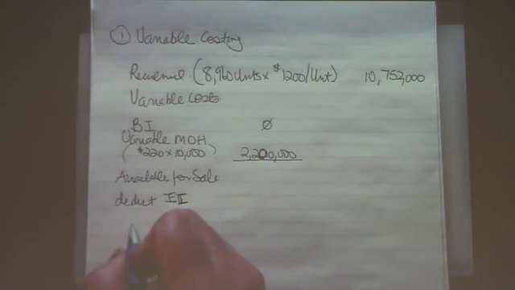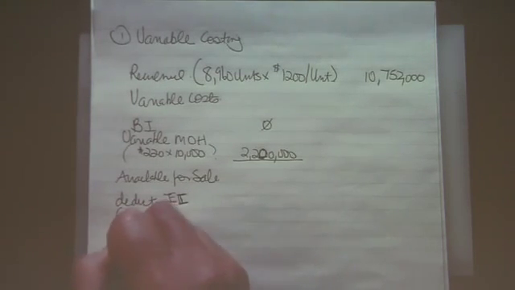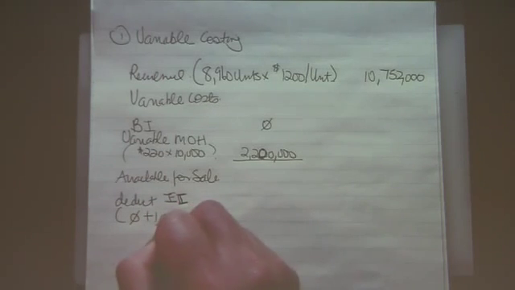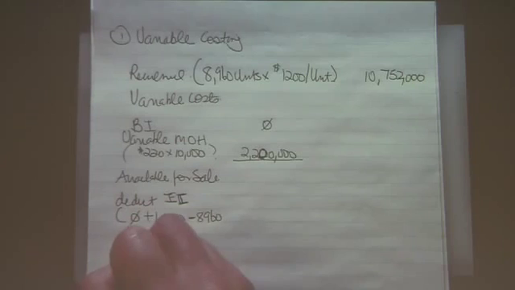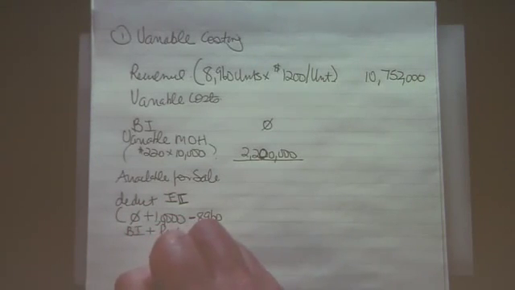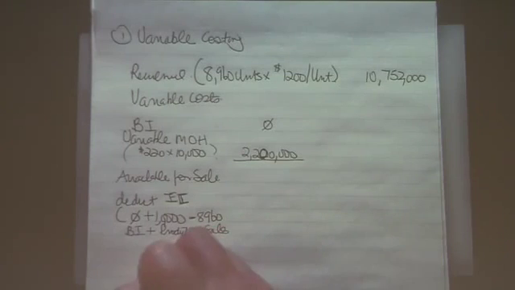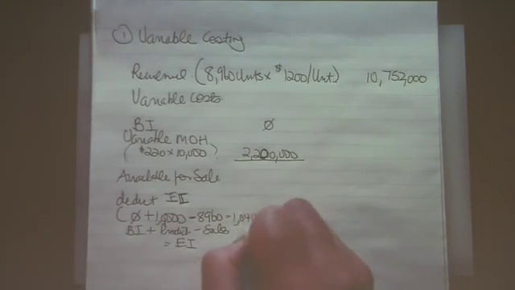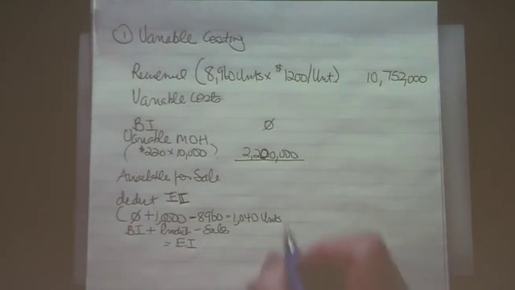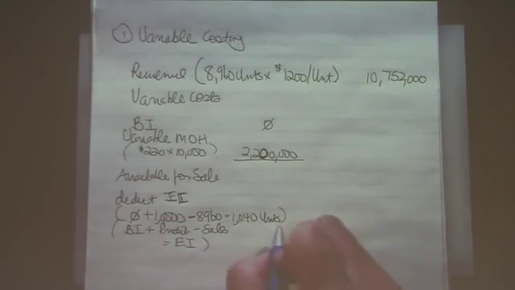Let's do a really quick math. Beginning inventory 0 plus production 10,000 minus 8,960 sales. So beginning inventory plus production minus sales gives me ending inventory. In this case, it would be 1,040 units. So that's how much ending inventory I have.